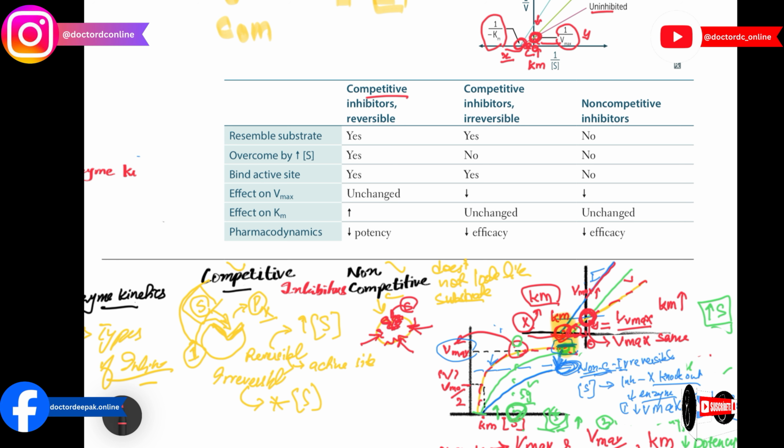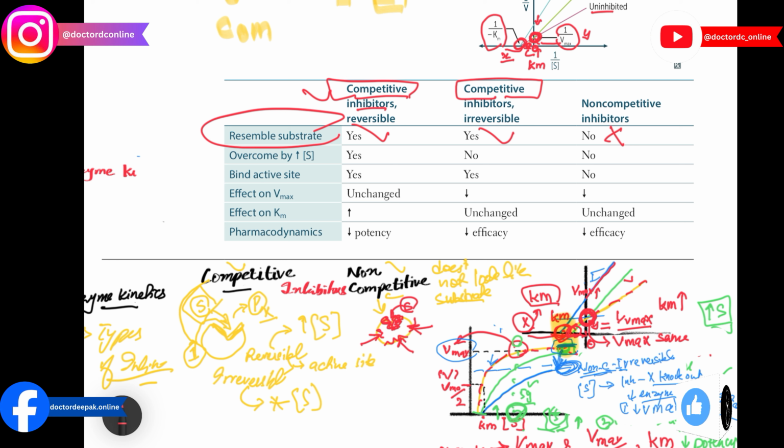You know that competitive inhibitors resemble the substrate, but non-competitive inhibitors don't resemble it. Whether competitive is reversible or irreversible, they will resemble the substrate. And second, they can be overcome by an increasing concentration of substrate.